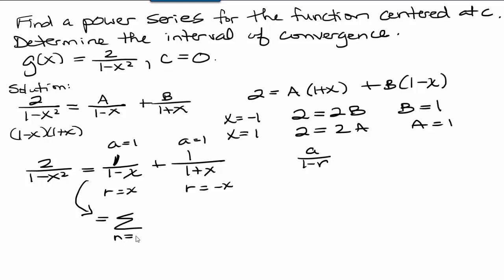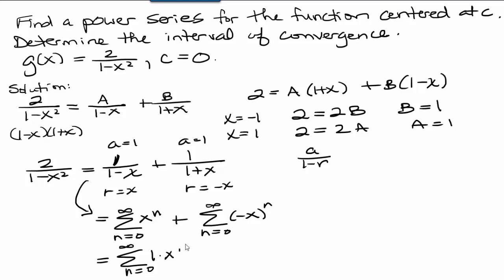So that would be the sum n equals 0 to infinity. We don't need to write the 1 for the a. We're just going to have x to the n plus the sum n equals 0 to infinity of negative x to the n. Or you could write that as the sum n equals 0 to infinity of 1 times x to the n plus the sum n equals 0 to infinity of negative 1 to the n x to the n.